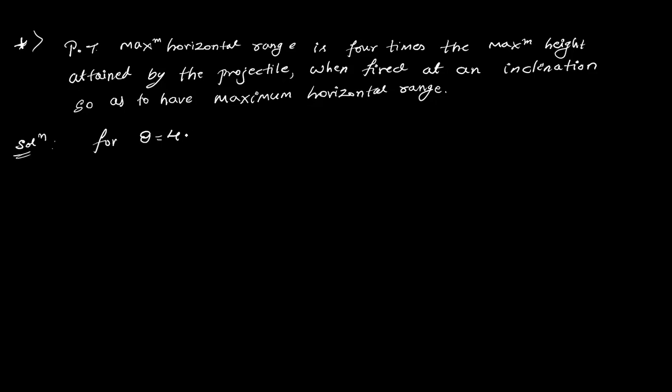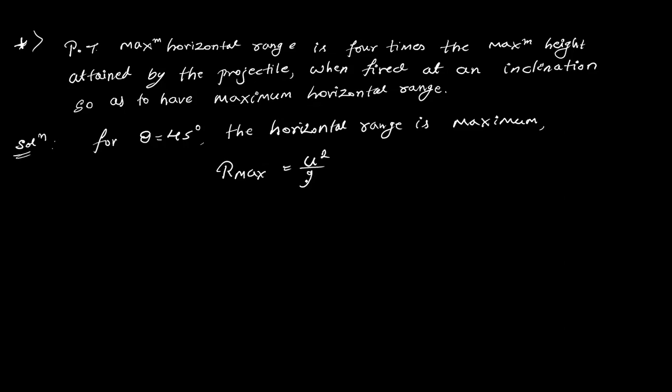For theta equal to 45 degree, the horizontal range is maximum. Therefore, R maximum is equal to U square by G.